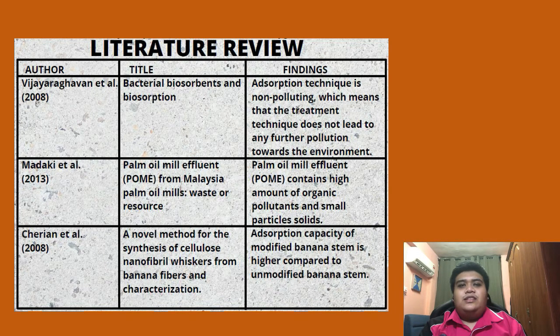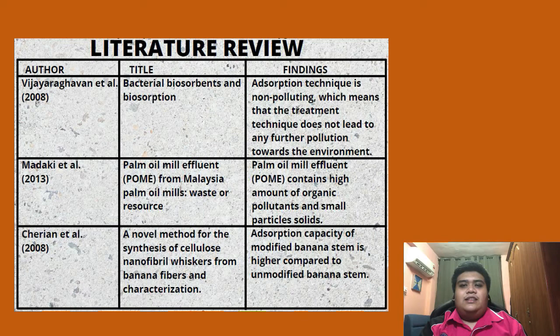In 2013, Madaki stated that palm oil mill effluent contains high amount of organic pollutants and small particle solids, which means that it is important for us to find a suitable way to treat the palm oil mill effluent to reduce its polluting capabilities for the environment.